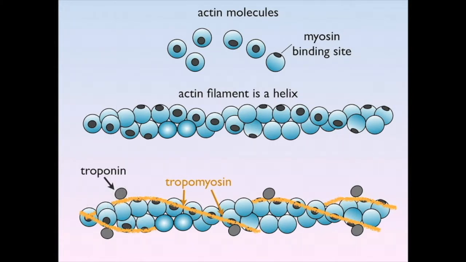Troponin is actually a calcium binding protein and is attached periodically along the length of the tropomyosin. The action of troponin and tropomyosin regulate muscular contraction and will be considered in the next movie. Here, we will only consider how actin and myosin interact as if troponin and tropomyosin were not present.